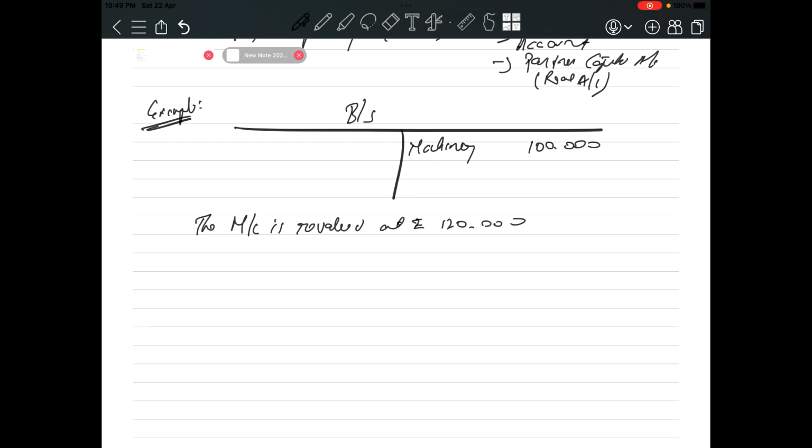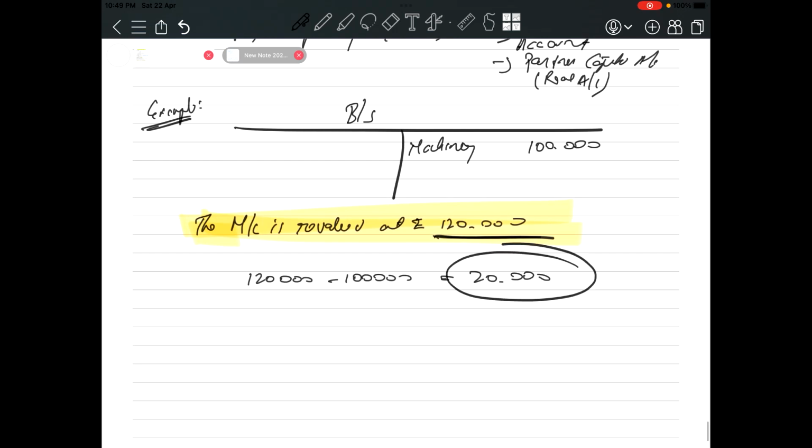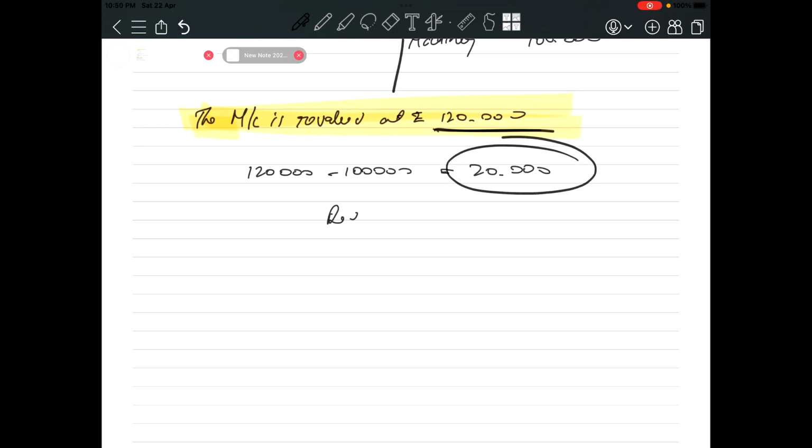The old value was 1 lakh and the new value is 1,20,000. So the difference of 20,000 will be transferred to the revaluation account.